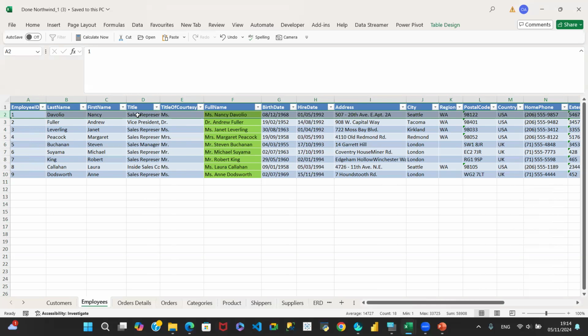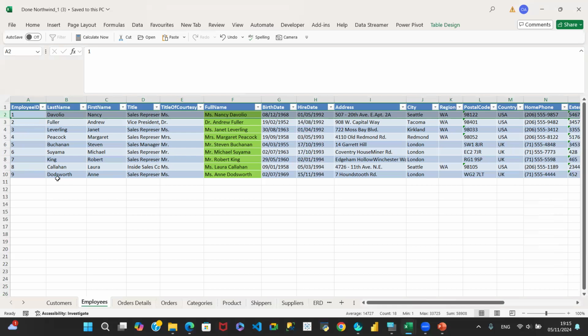This is their job role or title, sales rep, their status or how they are identified, Miss, their full name, their date of birth, the date they were hired, their address, and so on, as much information as possible for each of the employees that they have.